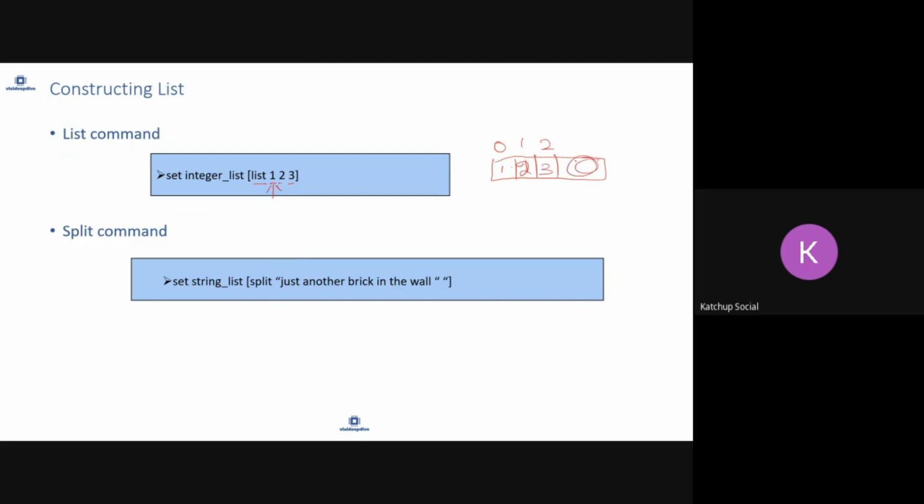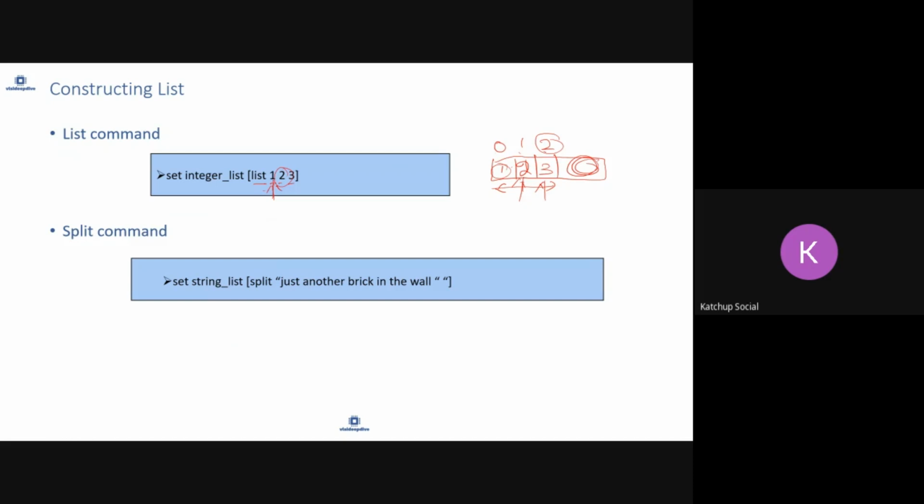So it's basically a list of length 3 because there are 3 elements, at index 0, index 1, and index 2. At index 0 the value is 1, at index 1 the value is 2, and at index 2 the value is 3. So that's one way to create a list.